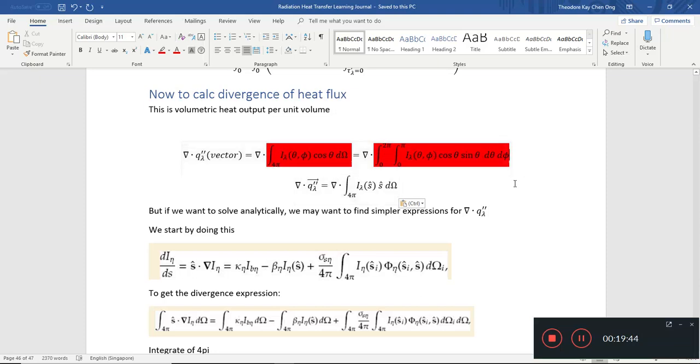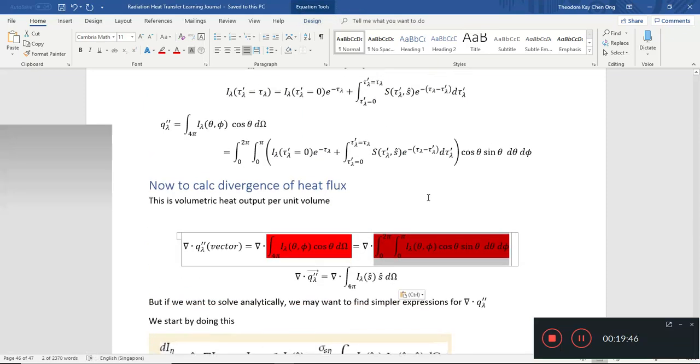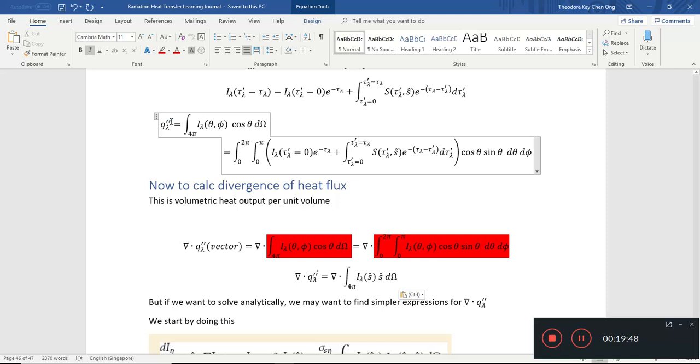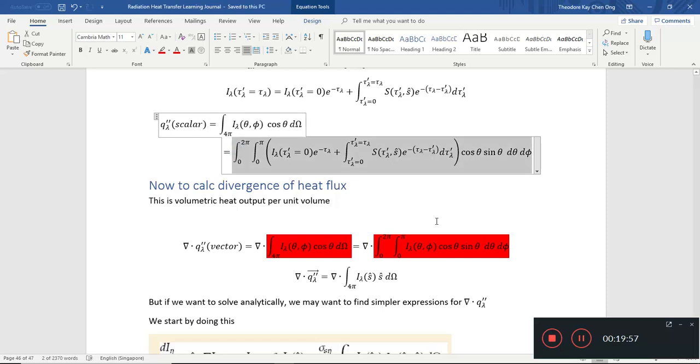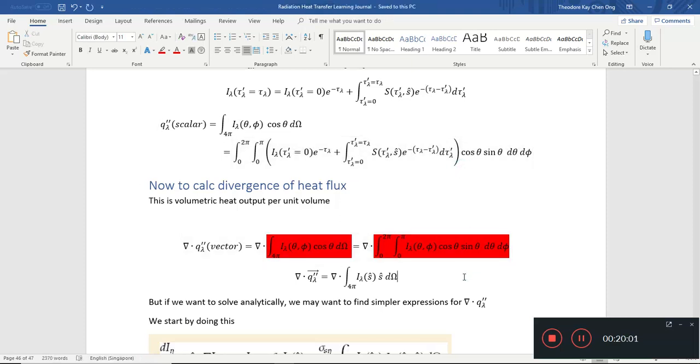However, what we have here is that we derived the scalar version of heat flux, which is all of this, right? And to get the vector version, we need to take this cosine theta and decompose it back.